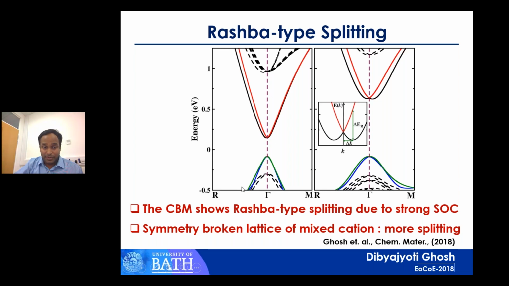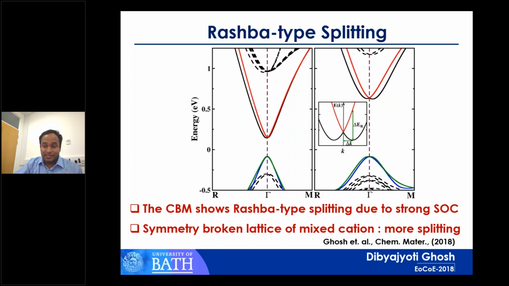But when we break the symmetry by incorporating cesium in it, you can see the conduction band splits a lot compared to the formamidinium lead iodide, and that tells you that with cation mixing, you have Rashba-type splitting more prominent in the structure.